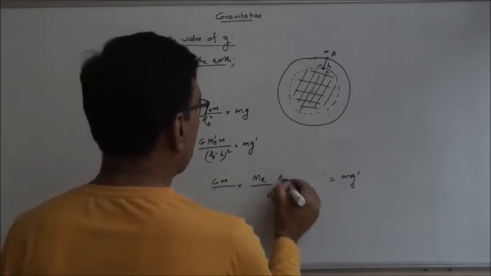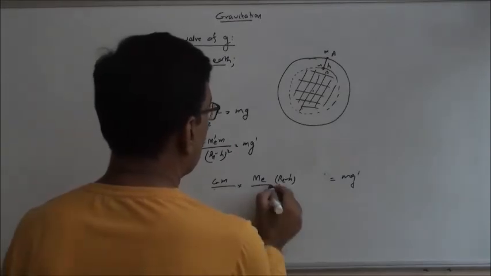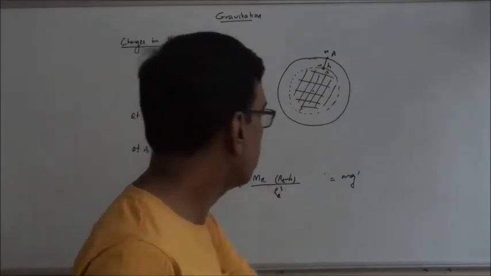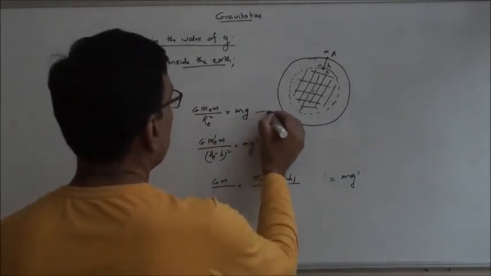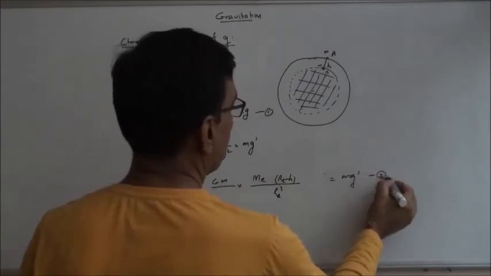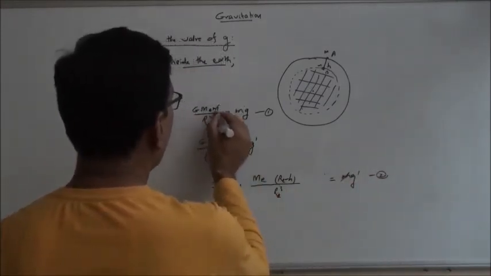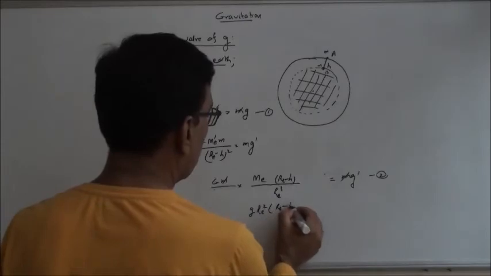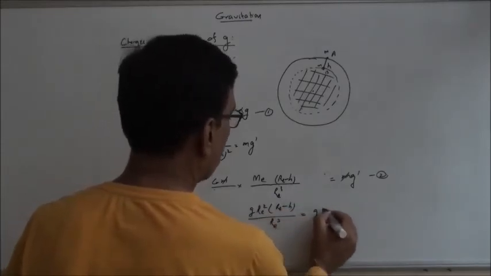So now I have (Re minus h) upon Re cube. Okay, now use first and second. Even m is gone. In place of G Me, we can write G Re square (Re minus h) upon Re cube is equal to g dash.